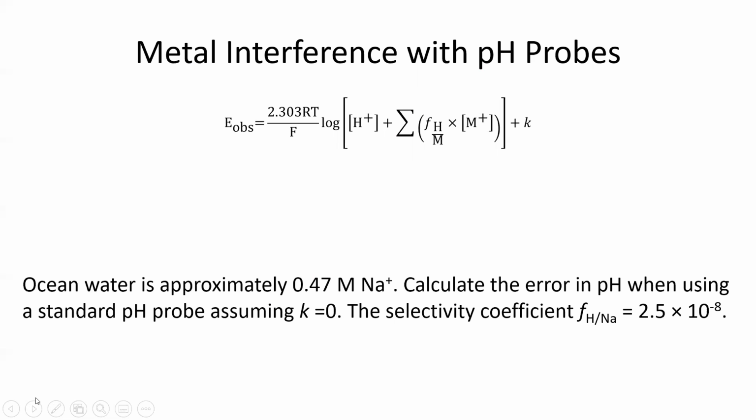Remember, a proton is the size of a nucleus with a positive charge versus sodium, which is the size of an atom with a positive charge. And so being a more dense charge, it can sort of sneak into that glass a little further, displacing some of those sodium ions. Other metals, however, can also displace those sodium ions, right? Or displace the hydrogen that's already in there.